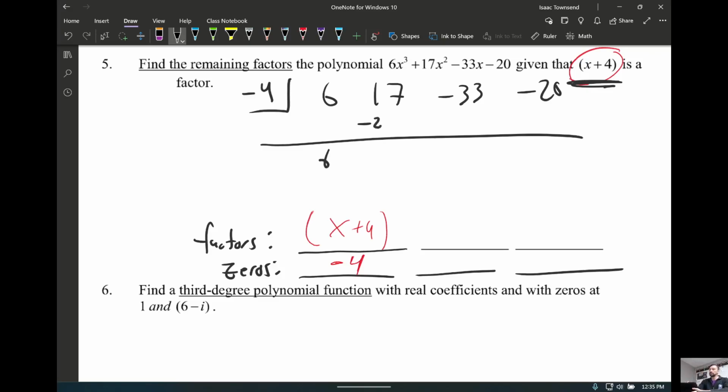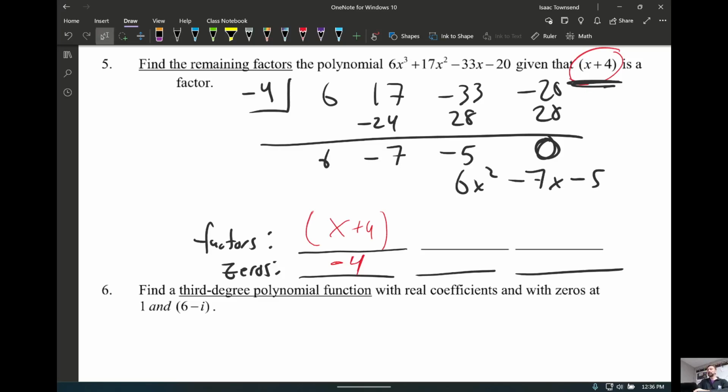Add down, multiply, add down, multiply, add down, multiply, add down. And once again, you're being told this is a factor. That means it divides into it evenly. If you did not get a remainder of 0, you would know something was off.